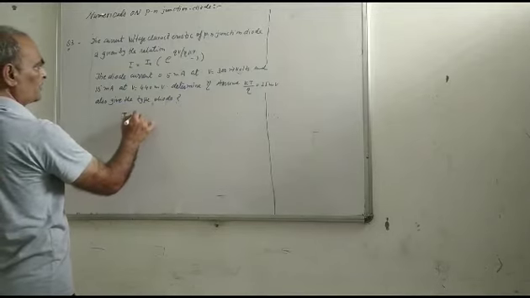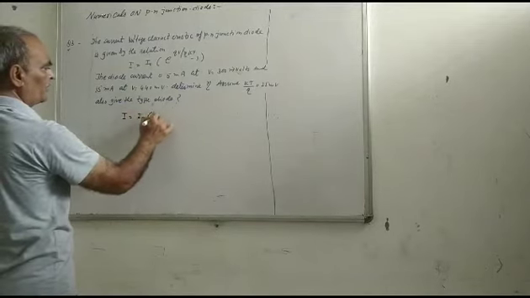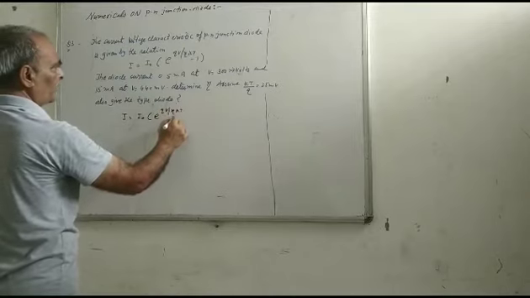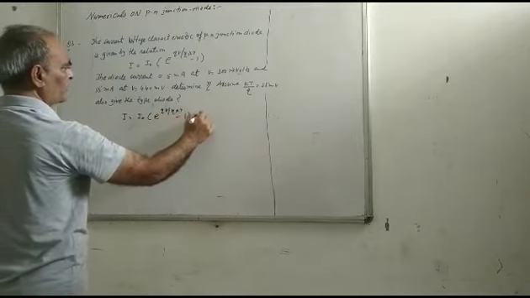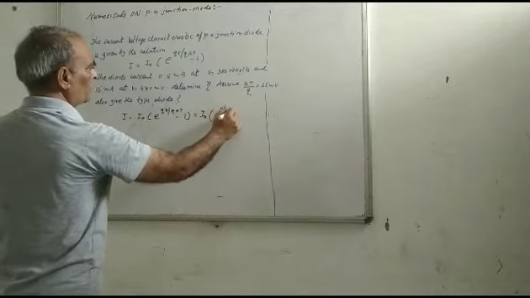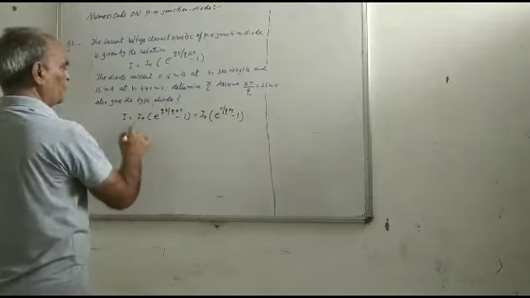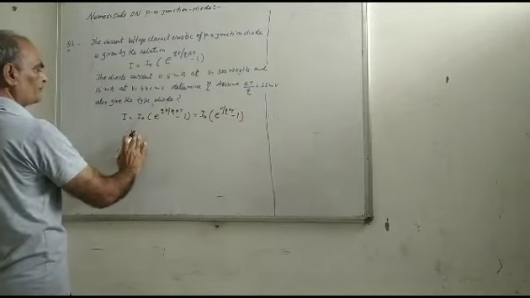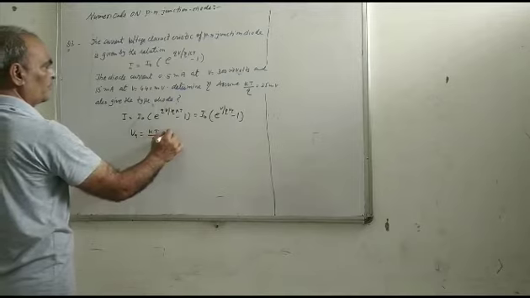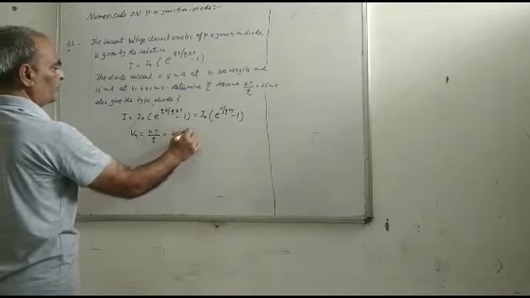Given is I equal to I0 e to the power qV upon eta kT minus 1. You can write this as I0 e to the power V upon eta Vt minus 1, and Vt is equal to kT upon Q, which is also given as 25 millivolts, that is 10 to the power minus 3 volt.